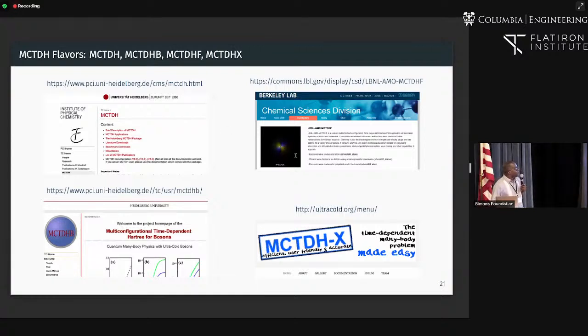At Berkeley, there was someone who was involved in developing the MCTDH method for fermions, which was also quite efficient, but I think they don't maintain the code very actively. And more recently, they developed another method for identical molecules, so both for bosons and for fermions. So that's about the method we are using.